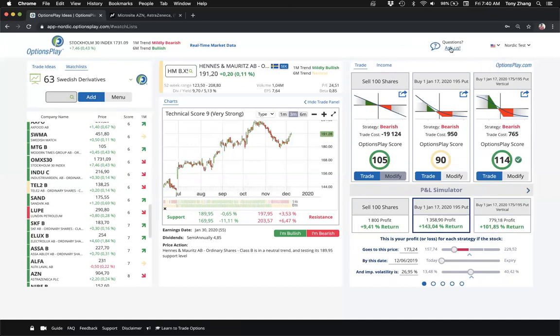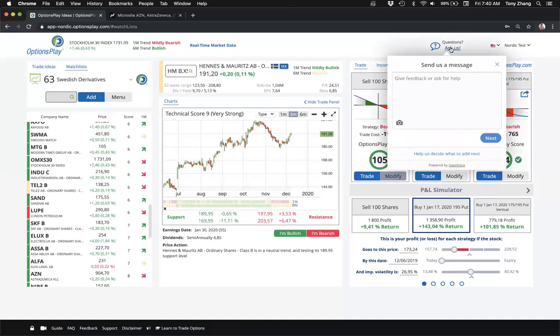But one of the best ways to ask questions whenever you come across one is to use this widget here on the top of your screen that says Questions, Ask Us. And it works in both English and Swedish. You can directly type your question into here, and it sends an email to our support ticket, and we can respond back to you by email.